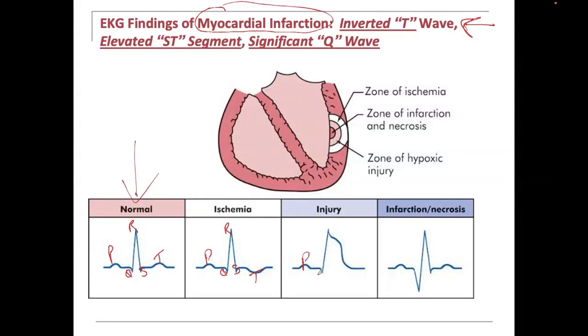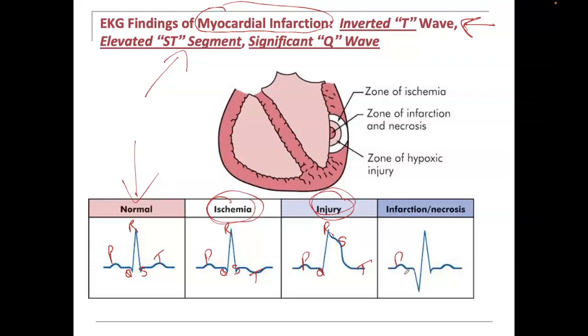Now over here, we have a P, Q, R, S, T. So this ST segment is elevated. There's an injury here, whereas here there's lack of blood flow. So you get a lack of blood flow with that inverted T wave. When you have lack of blood flow, there's lack of oxygen. Lack of oxygen results in an injury.